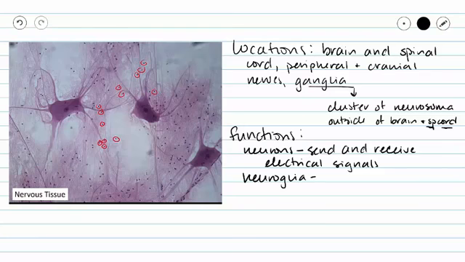Our neuroglia are going to be non-conductive supportive cells that have a wide range of functions that we will cover specifically when we cover the nervous system. So for right now, you can learn that these cells are non-conductive and they act in support of all of the different functions of our nervous system.